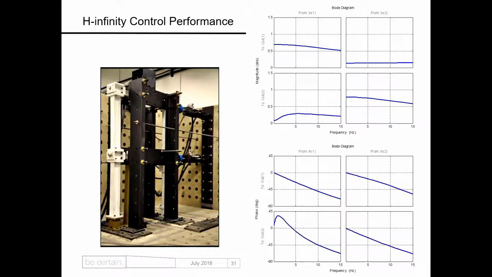Ideally, we should get a 1 at the diagonal term, meaning pushing this one will move the same as the command. But it's not 1 because you have the coupling. The second one is going to couple with the bottom floor. And the off-diagonal term is really the coupling, like 20 to 30% of coupling.